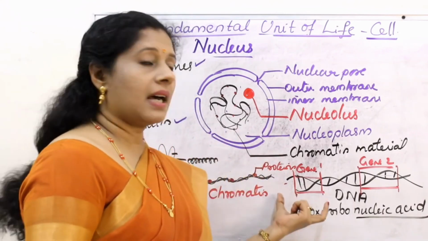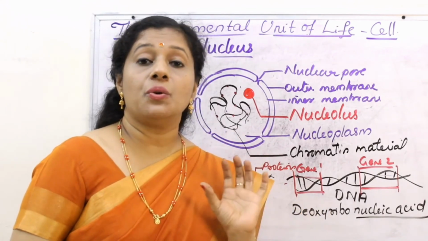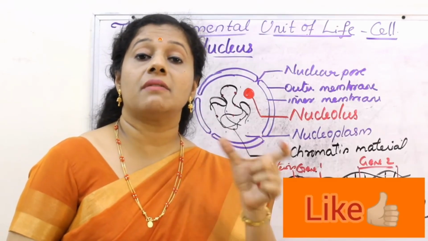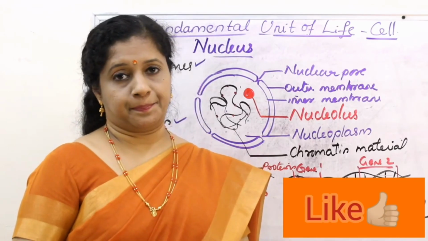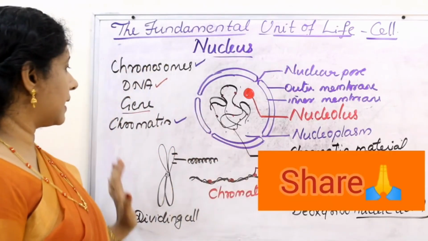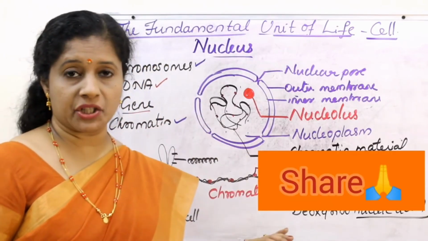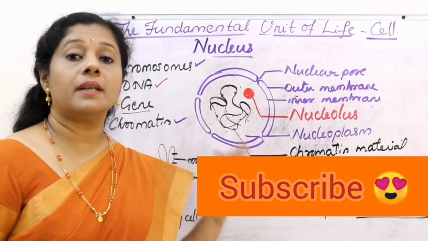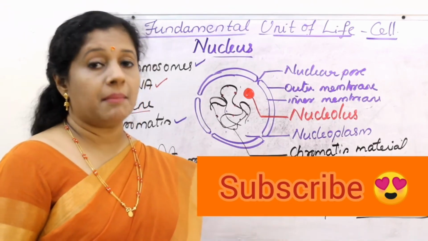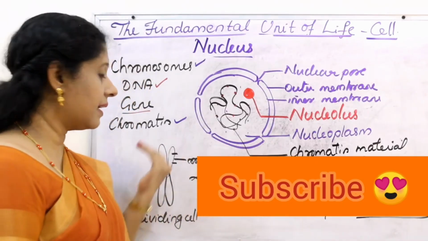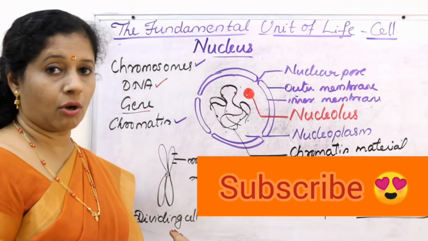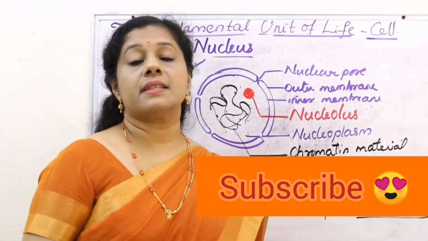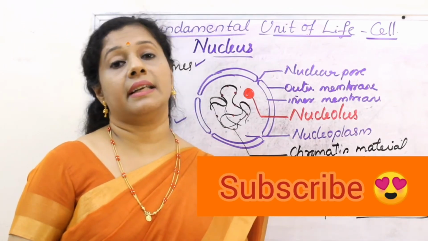Okay, so genes are actually the functional unit of DNA which is controlling or carrying information for a particular character. Okay, so hope all these are clear. DNA is our genetic material, but DNA is found as chromatin associated with protein in a cell, but at the time of division that will again condense to form a rod-shaped structure called a chromosome. DNA has functional units called genes which control certain characters.